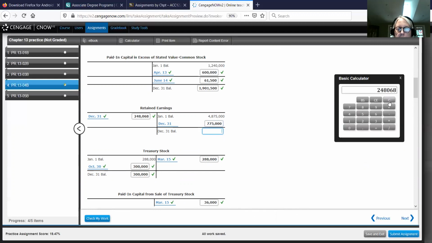And so we can now balance our retained earnings account. The credit side is the increase side. So we'll start with our beginning retained earnings balance. We'll add to it our net income of $775,000. And then we'll subtract out our dividends that have reduced the retained earnings.